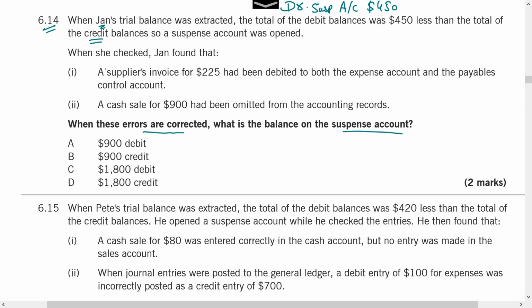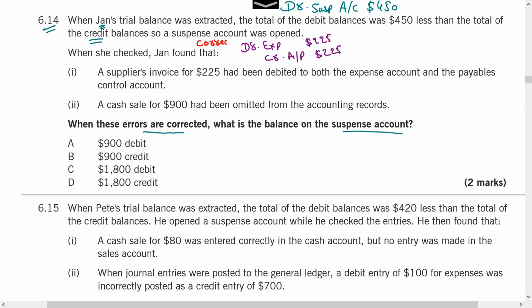When she checked, she found that a supplier's invoice for 225 had been debited to both the expense account and the payables account. So first of all, let's talk about what should be the correct entry. The correct entry should be debit expenses and credit accounts payable by $225.